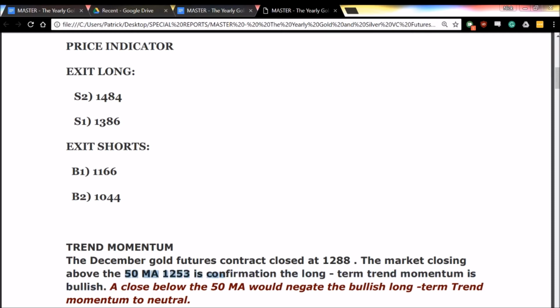So this is the first component of what makes up this incredible algorithm. It also tells you that if the market now closes below the 50-day moving average of 1253, that would negate this sentiment, and it would negate the long-term trend to neutral.